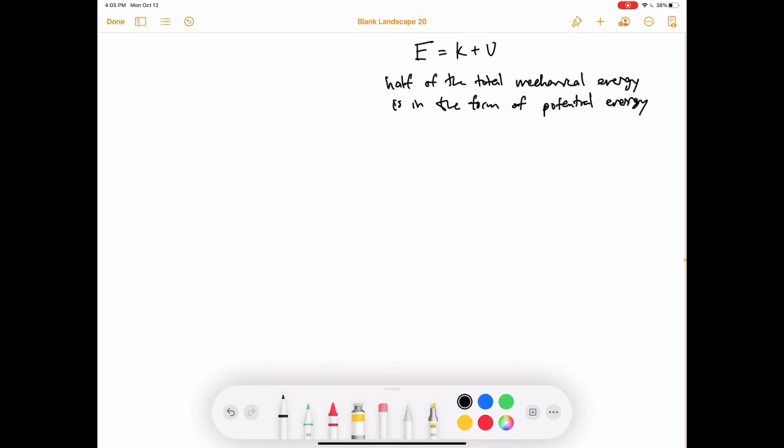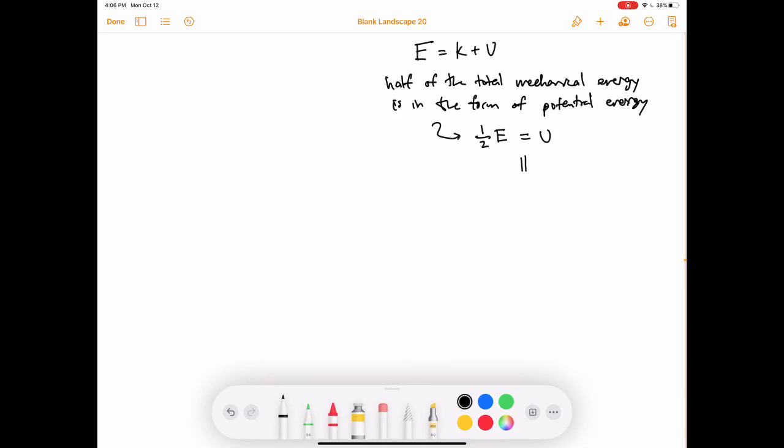Okay, so how can we take that statement and translate it into an equation? Well, 1/2 E, that's 1/2 the total mechanical energy, equals potential, equals U. Okay, it's pretty much that simple.